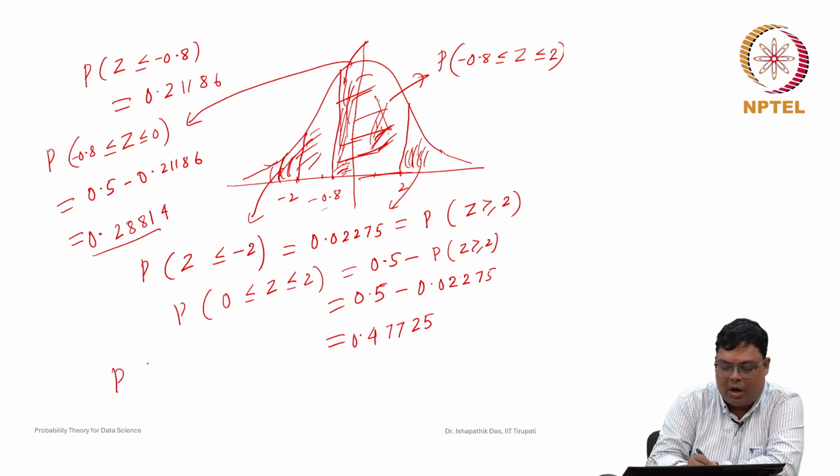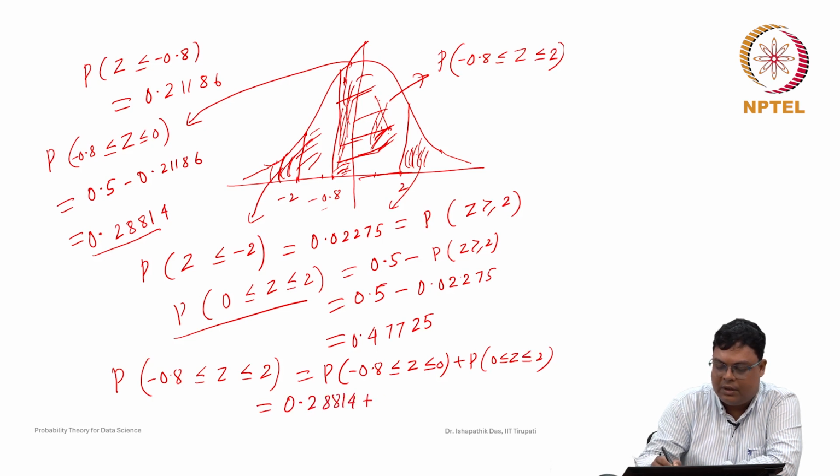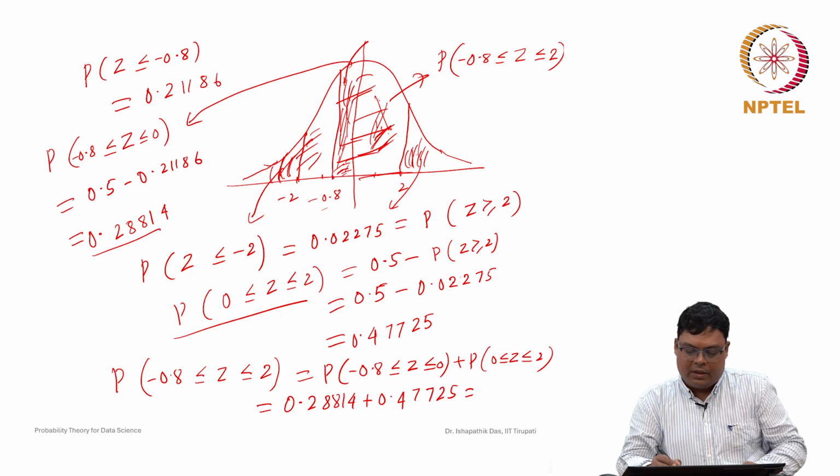Now, finally, how will we find the probability that minus 0.8 is less than or equal to z, which is less than or equal to 2? This is nothing but the addition of these probabilities: the probability that minus 0.8 is less than or equal to z less than or equal to 0, plus the probability that 0 is less than or equal to z less than or equal to 2. So we add 0.28814 plus 0.47725.